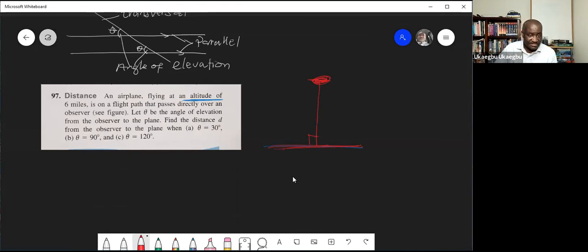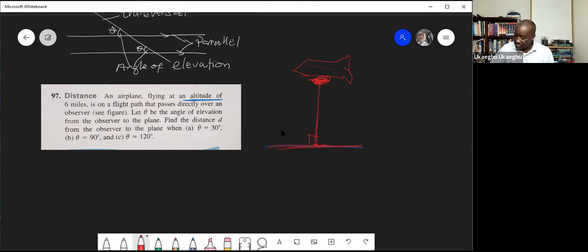Of course, 6 miles is a distance from here to here. That's the altitude. And an airplane is flying, something that looks like this, at a certain altitude.